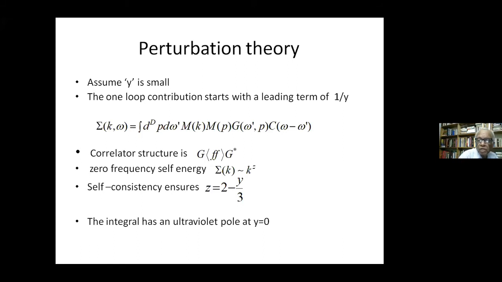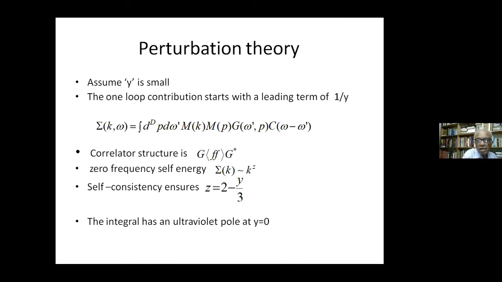So at one loop, the integral looks like, if I write out this right-hand side calculated, 1 over y with a coefficient, plus something of order unity, plus something of order y, and then y squared, and so on.